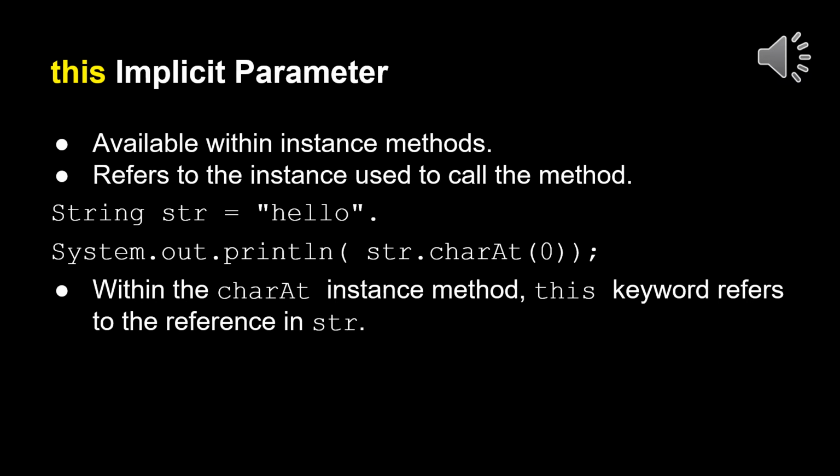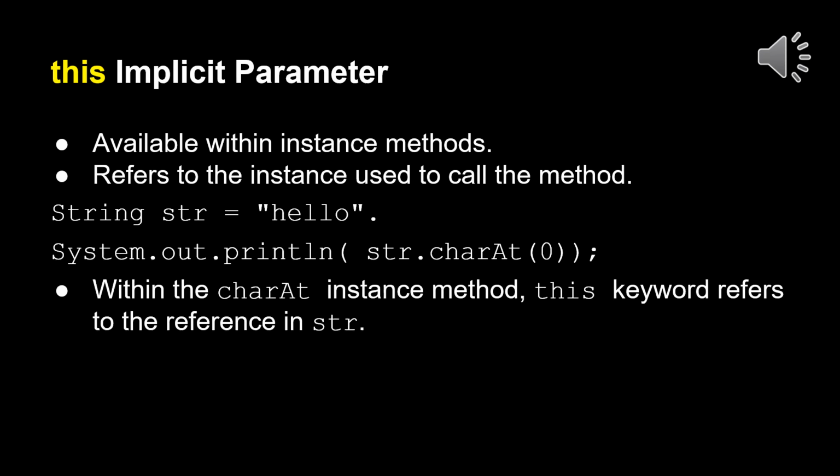If you're writing the charAt method and you've got the parameter 0, then you need to return the 0th character of some string, but no string has been passed as a parameter. How do I have access to that? So we've got that problem.